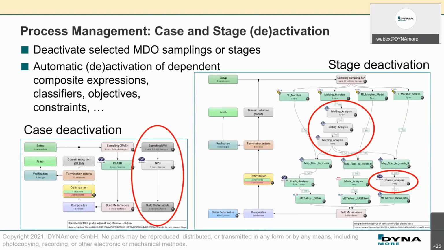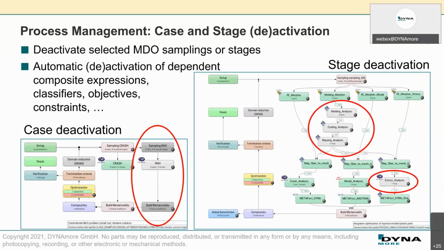So you could set up your full optimization from the beginning, and then maybe you realize that you don't have the scripts available yet you need for a certain stage, or session files are still missing, but it's already possible to run the finite element simulations. So you could deactivate the stages you do not already want to run and start running the others.